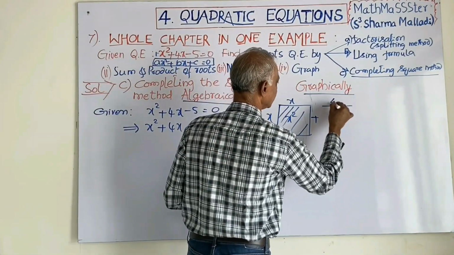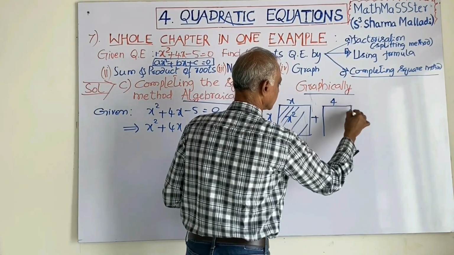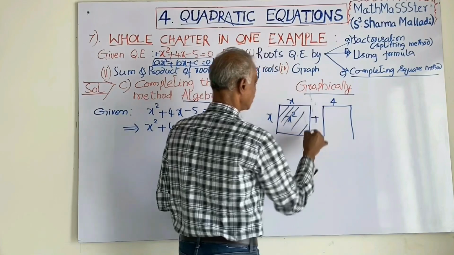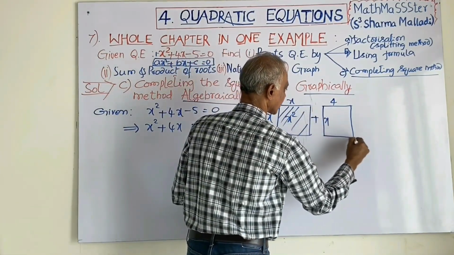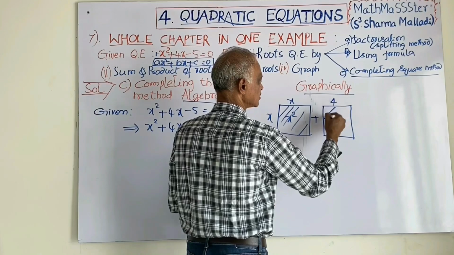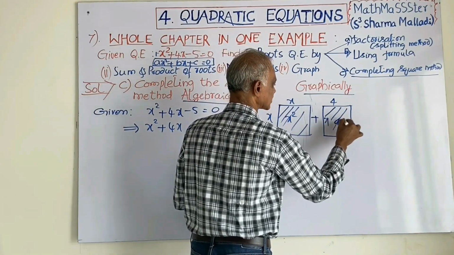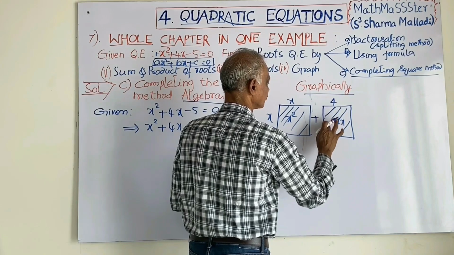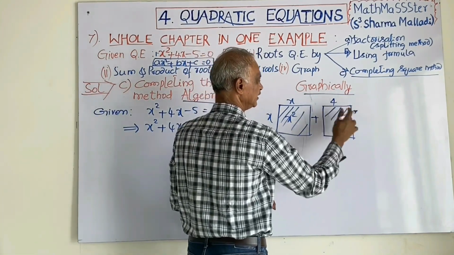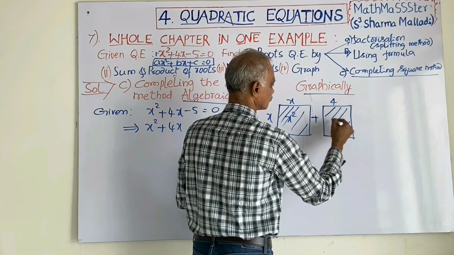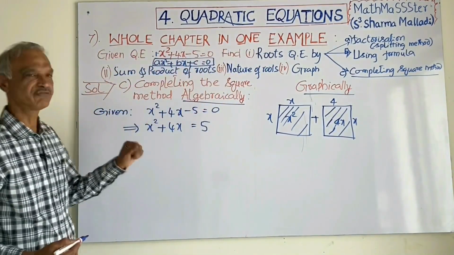This is 4 I will take, and this is already x. I have taken this as 4 into x. This will be 4x. What is the area of this rectangle? 4 into x, 4x. This is x, is equal to 5.